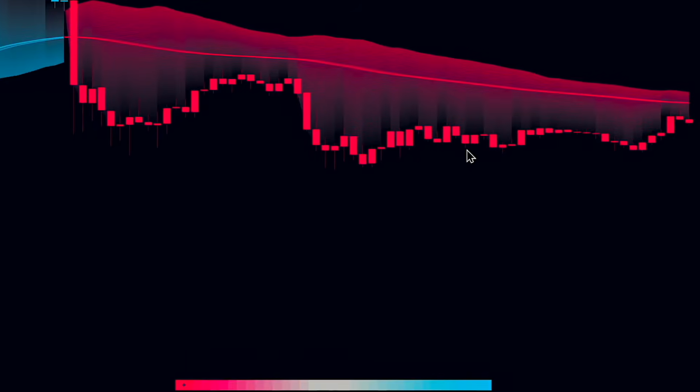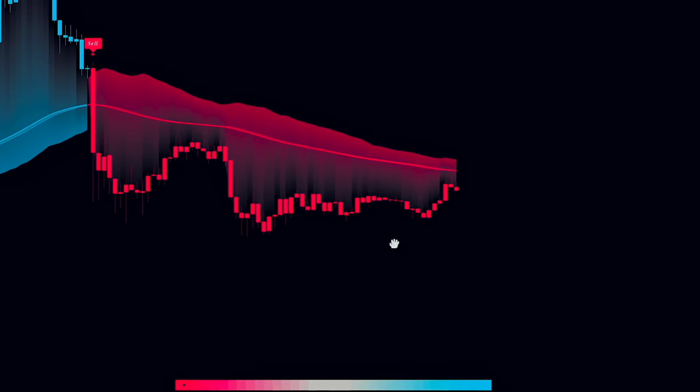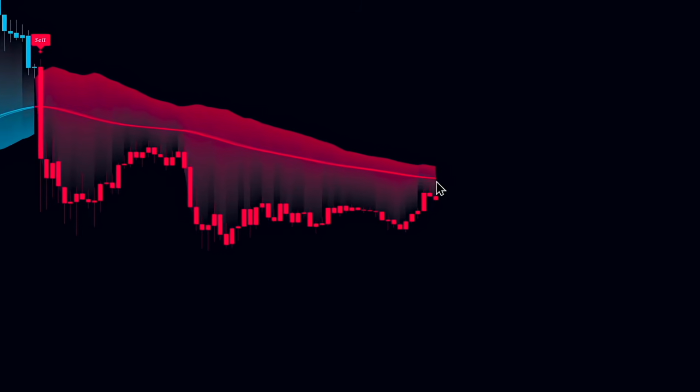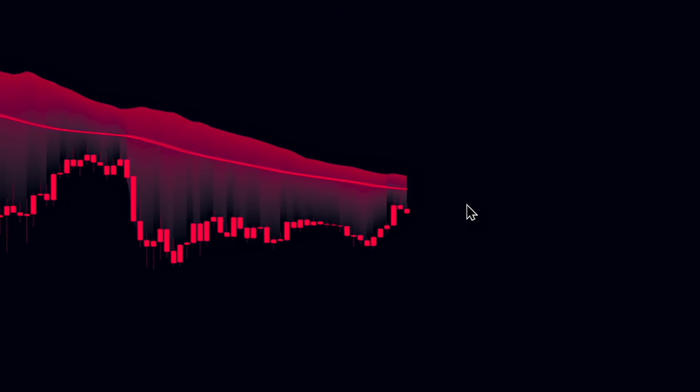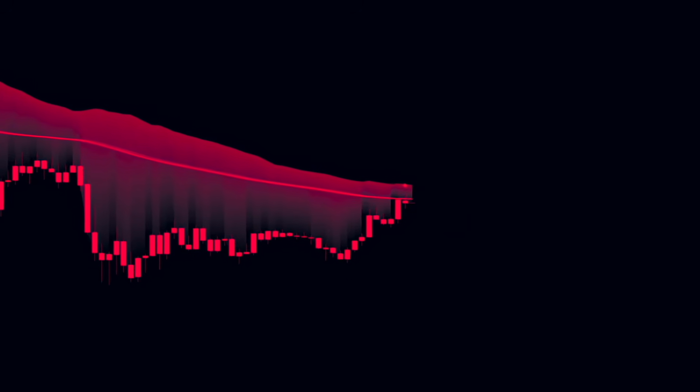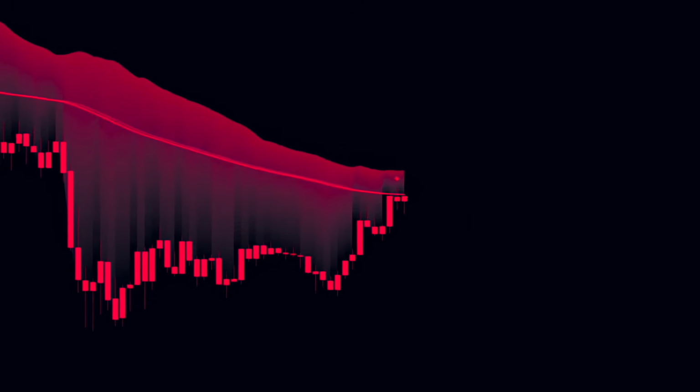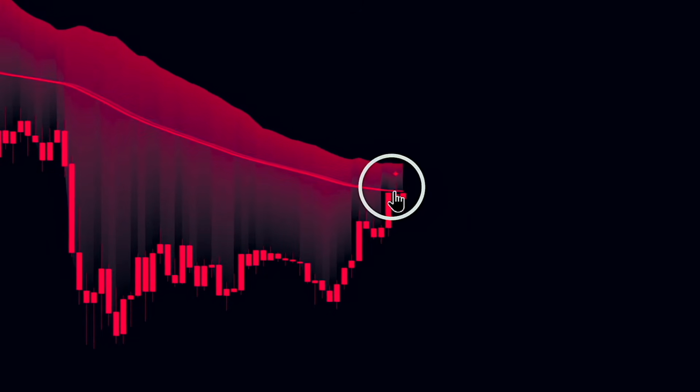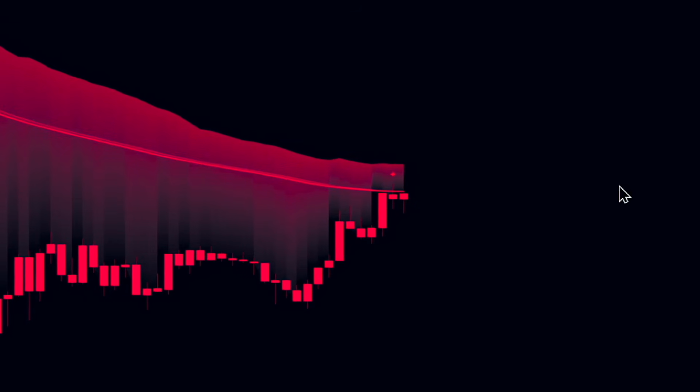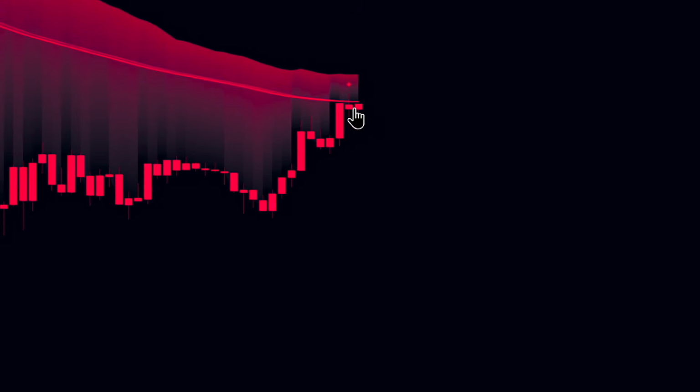The cleaner entry is the retest entry. Once the system is in a bearish regime, wait for price to pull back into the baseline from below. When price touches that baseline, you'll often see a diamond marker appear. That's your retest signal with a bearish structure. Now wait for bearish confirmation.